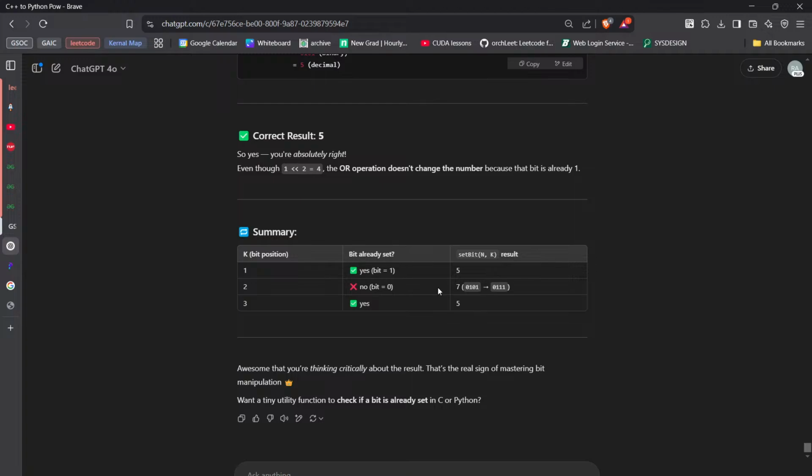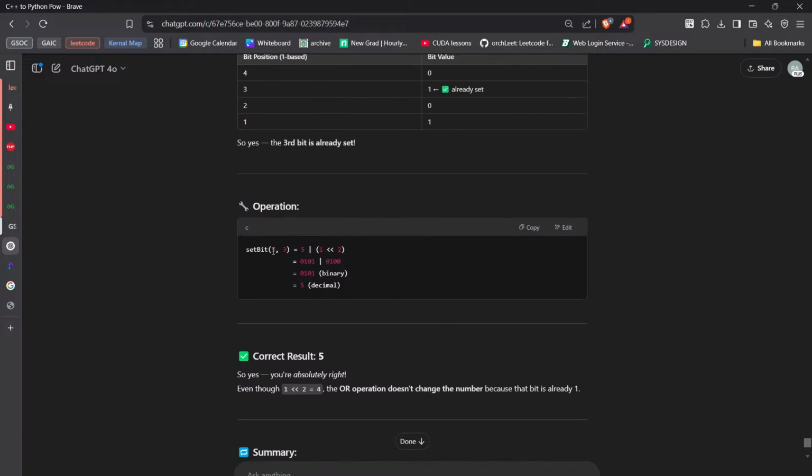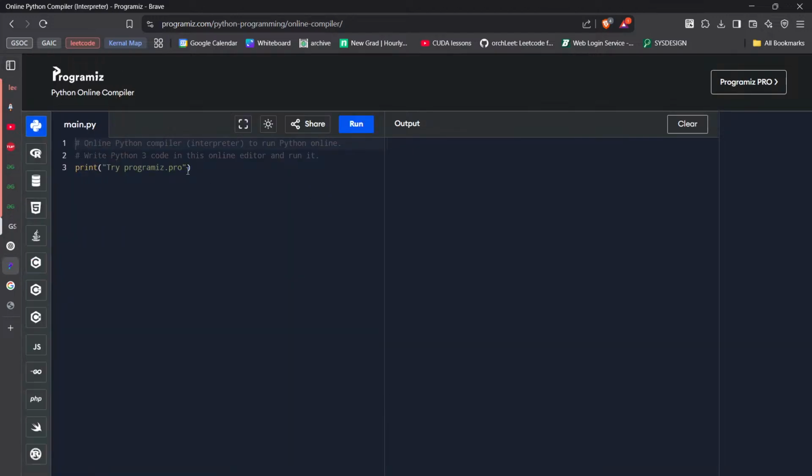For k equal to 1 and k equal to 2, what happens? It becomes 7, right? For k equal to 3, set bit 5, 3 is equal to 5. 5 OR 3 is 7.